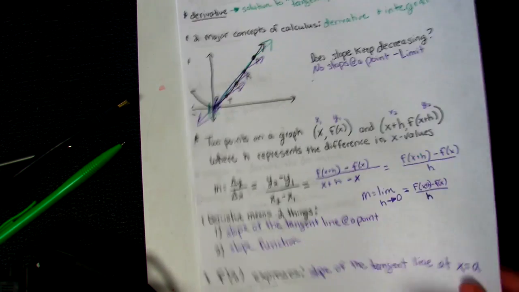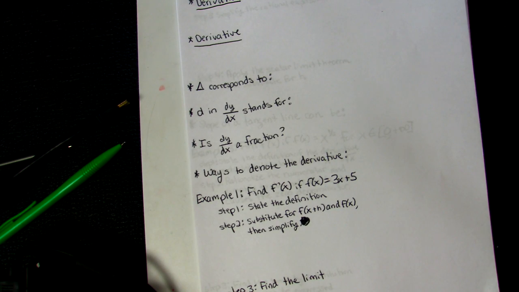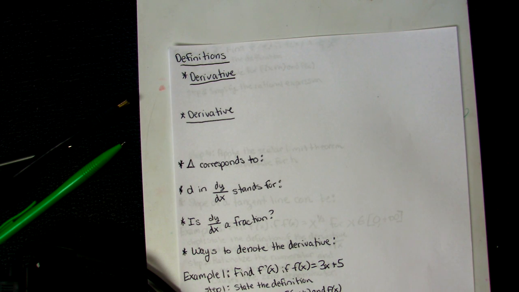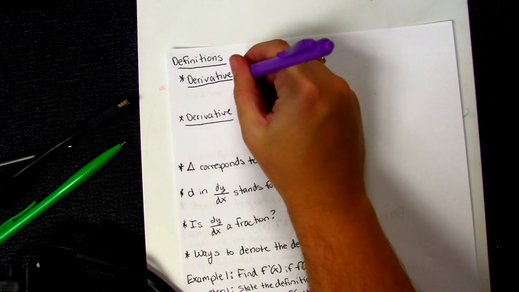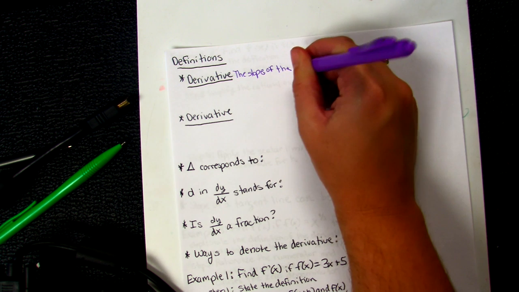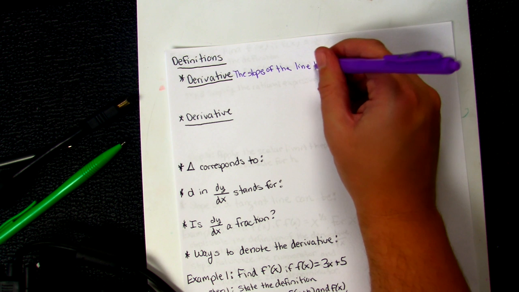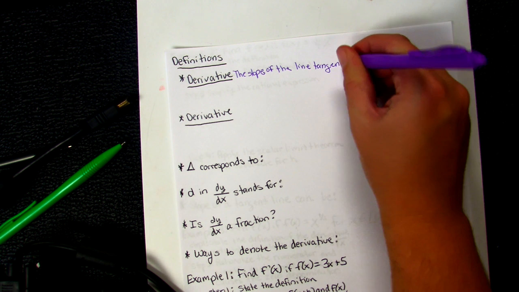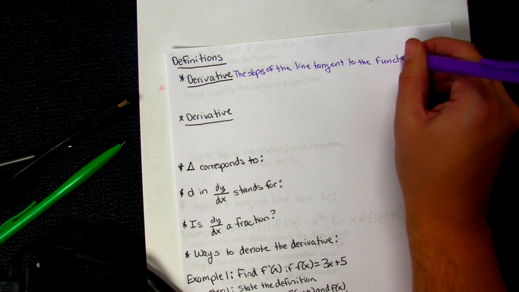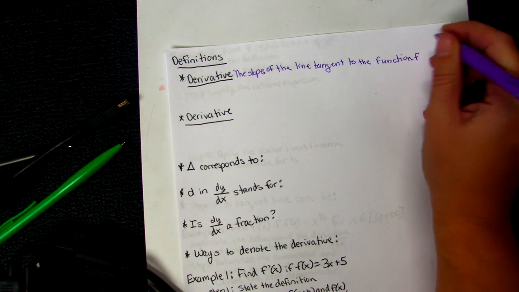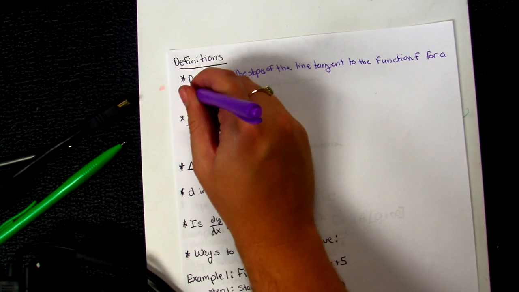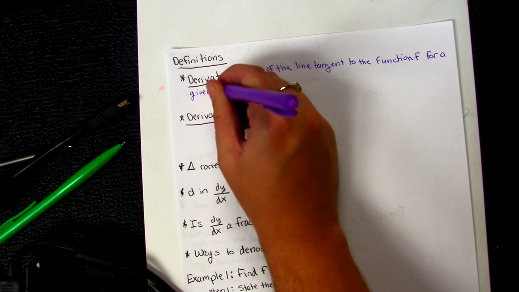All right, so let's look at some definitions for this lesson. We've got two definitions of the derivative. The first one is the slope of the line tangent to the function f, or g, or h, or whatever you're naming your function, for a given value of x.